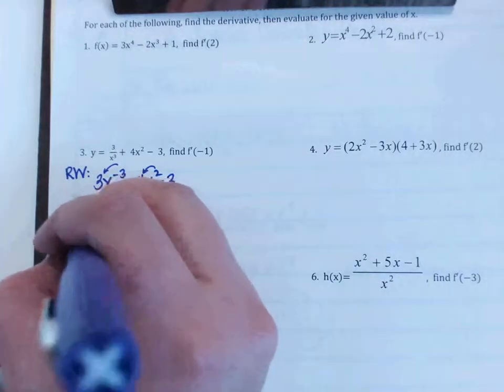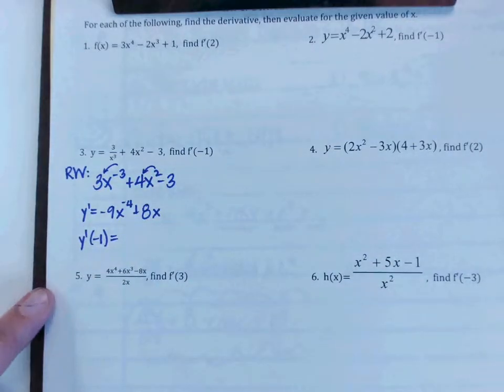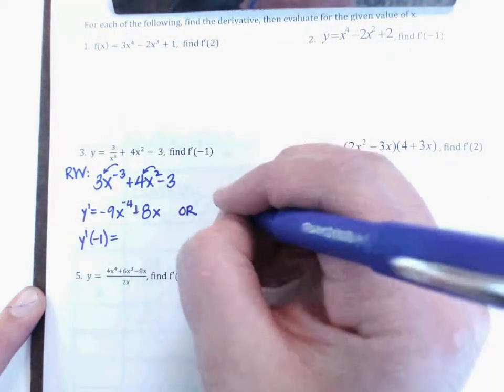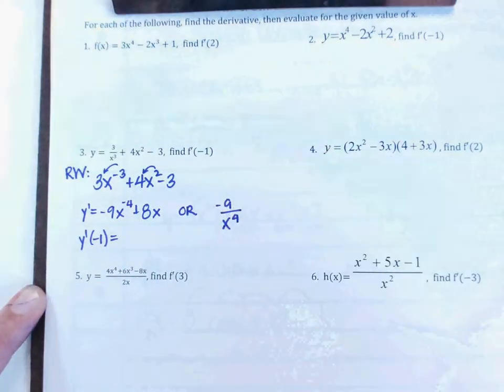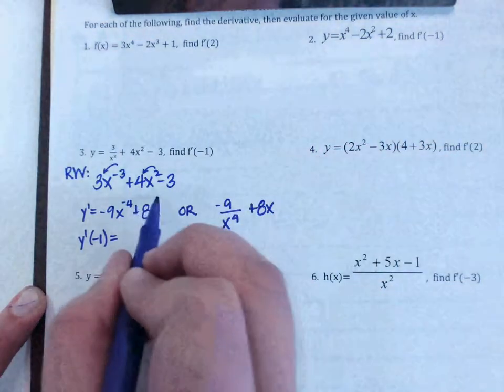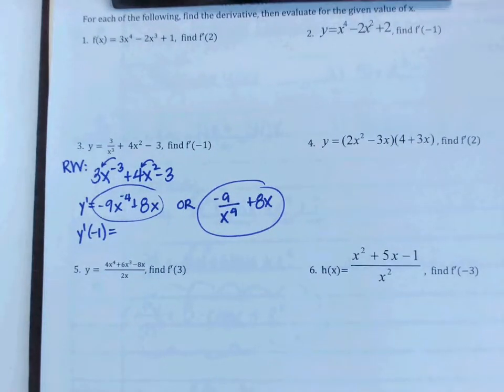Then when I want y prime of negative 1, that just means I'm going to plug that in. Now, I don't want to plug in with negative exponents. So I'm going to rewrite this as negative 9 over x to the 4, plus 8x. Remember, these are the same. It's just however I want it to look where it's easier for me to plug into.